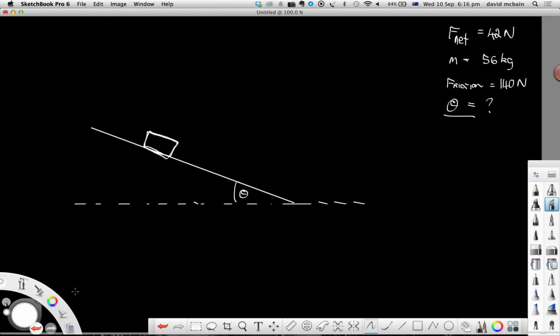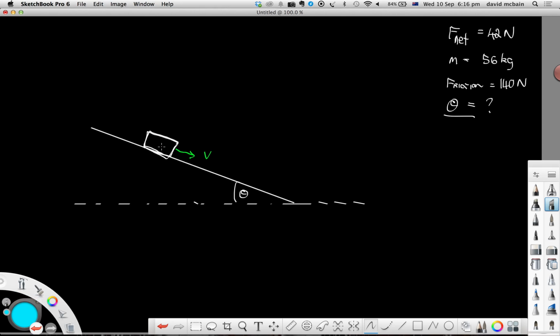So let's mark in their velocity. So we know that they are moving with a velocity down the ramp. We don't know what the velocity is at this stage. Oh, we could probably work it out because we had a graph there, but that's not really important. What we have to work out is the angle. So let's draw in the forces now, and we'll draw them in blue.